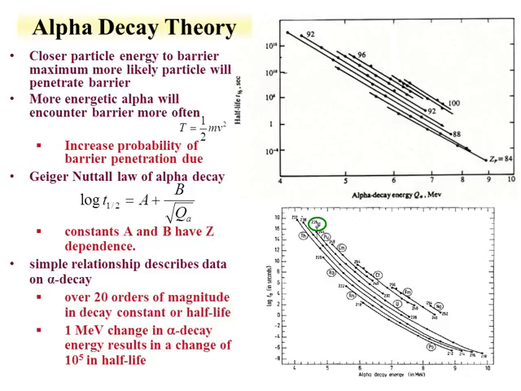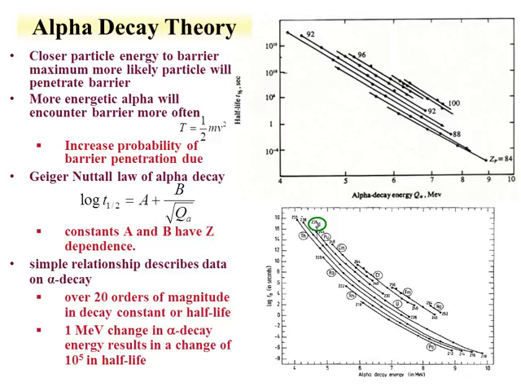Fundamentally, the probability of penetrating a barrier is a consistent factor. The more times I hit the barrier, the more times I can sample that barrier, and the higher the probability in a given unit of time of penetrating that barrier. Since the particle is going faster, it'll hit the barrier more often in a given amount of time. So this also drives the increase of probability of barrier penetration.